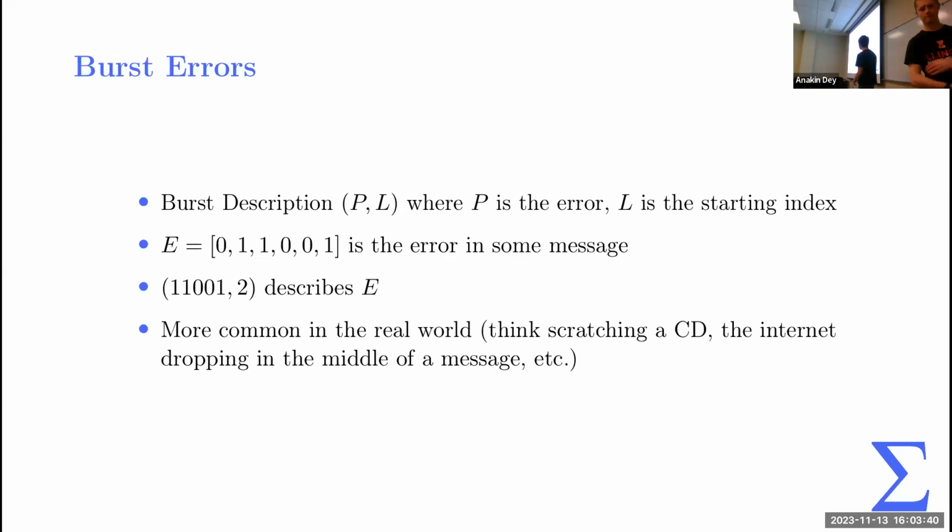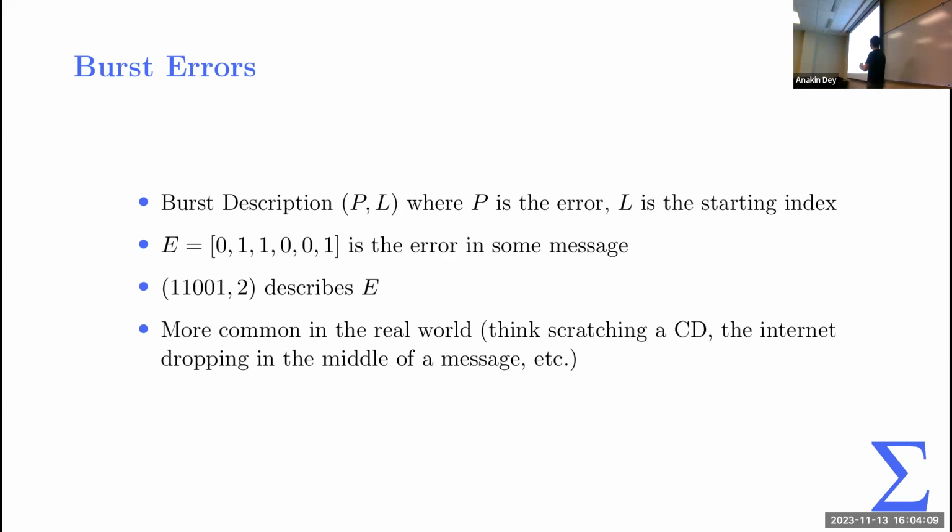Cyclic codes work well with burst errors. Now, what's a burst error? It's some error that occurs in some short span. So if I have some error vector, I can see that the error itself only takes up 5 spots.